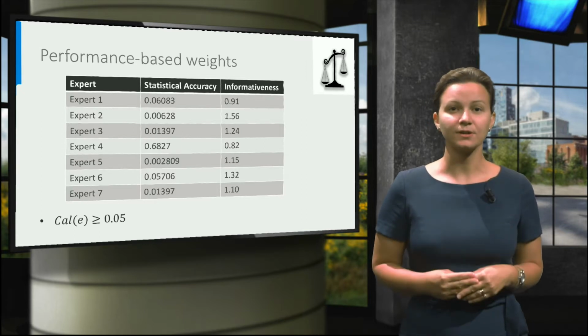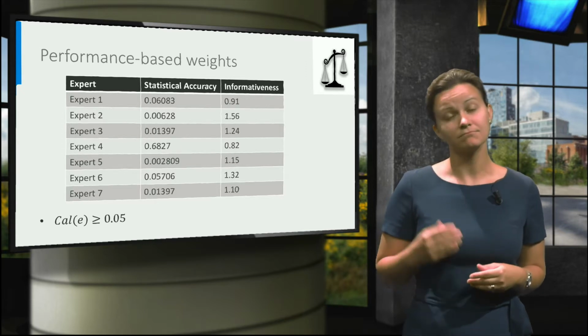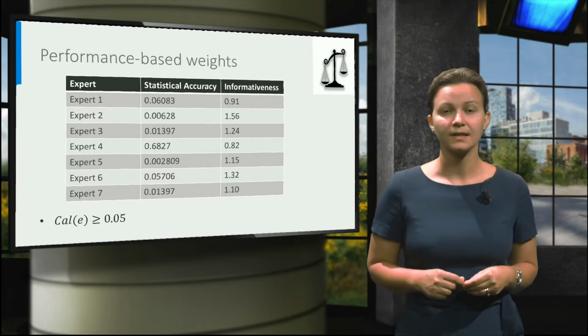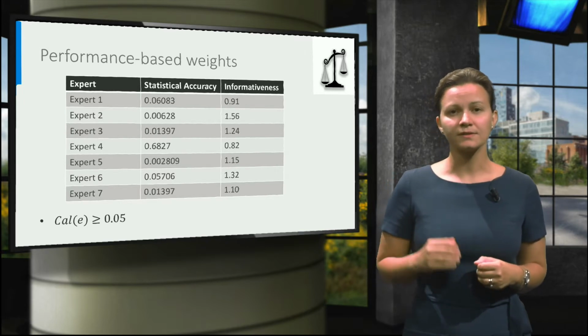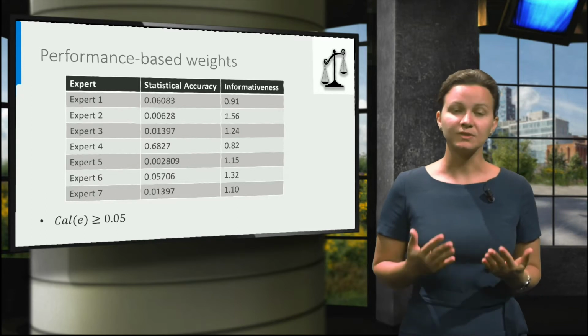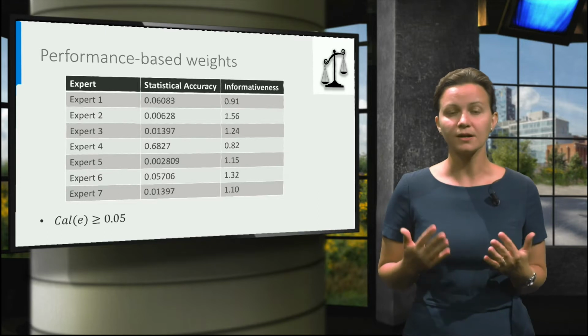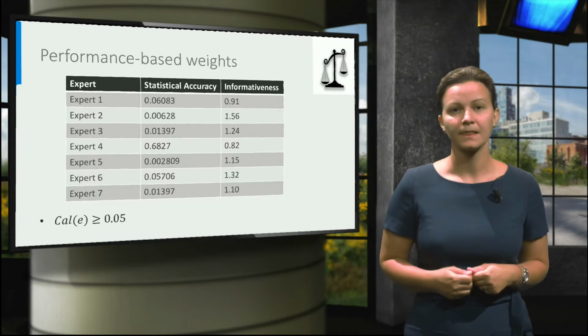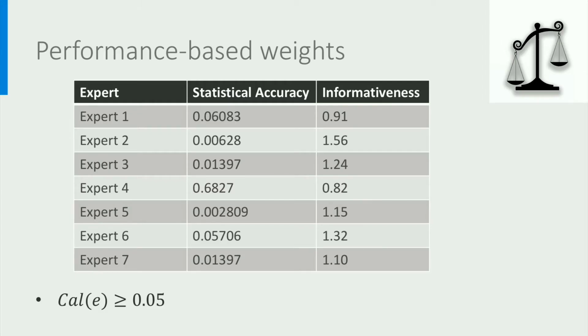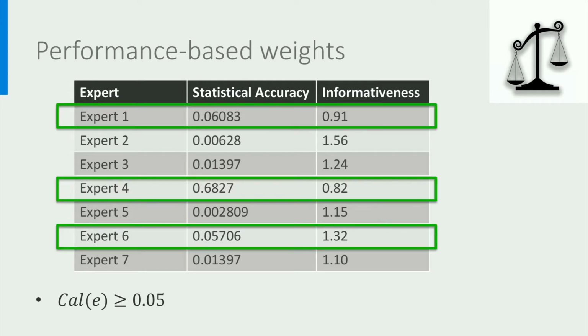The significance level is typically chosen to be 0.05. So a calibration score smaller than 0.05 would be sufficient to reject the hypothesis that expert assessments are statistically accurate. We can then restrict our attention only to the experts whose statistical accuracy is at least 0.05. We see that experts 1, 4, and 6 actually meet this requirement.